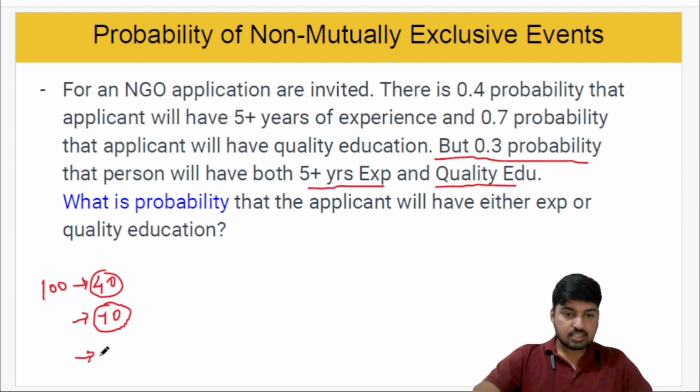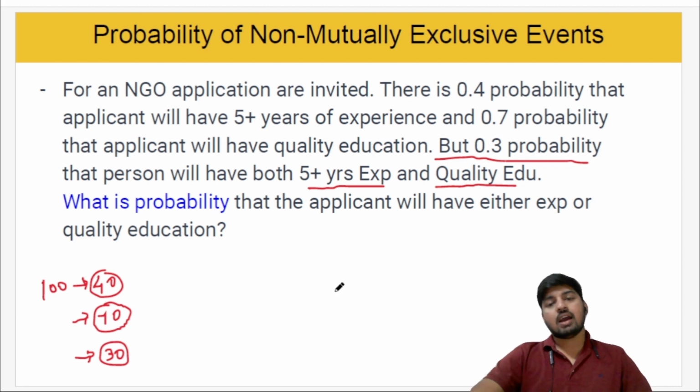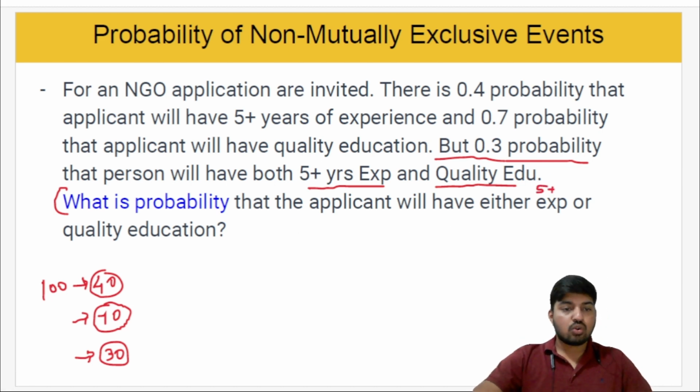So in these 100, 30 applicants have both. Now the question asked is, what is the probability that the applicant will have either experience, here assume 5+, or quality education? So now how to calculate this part?